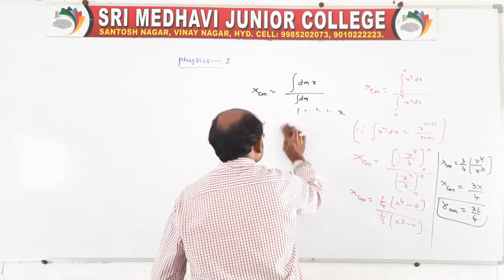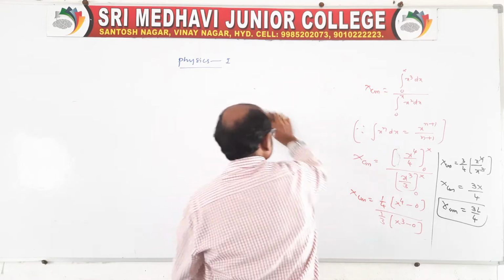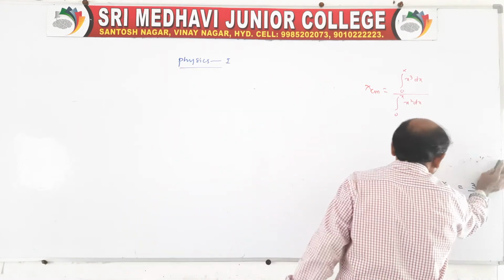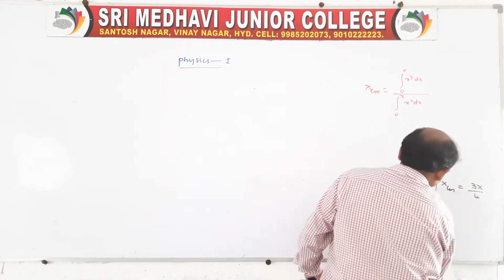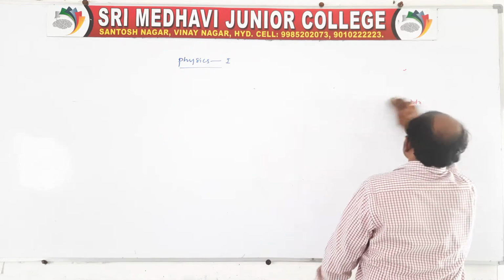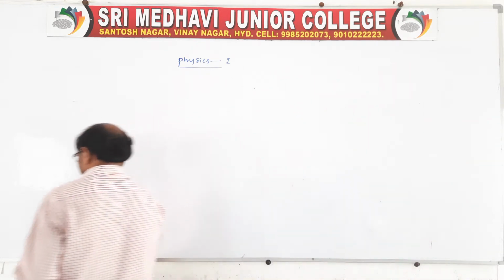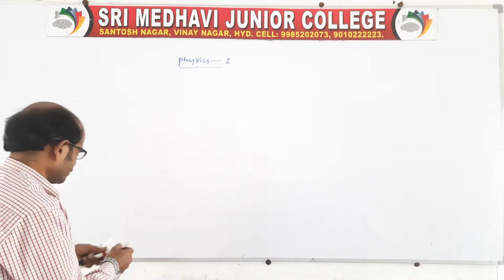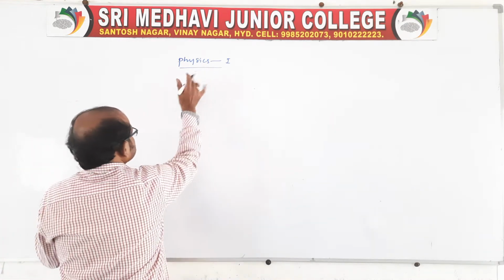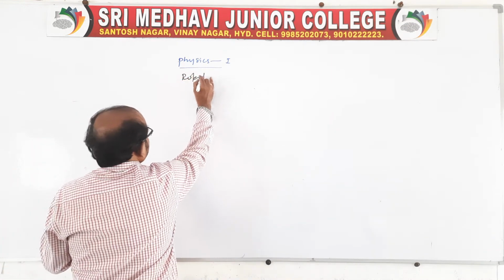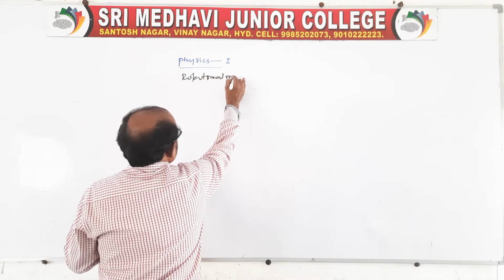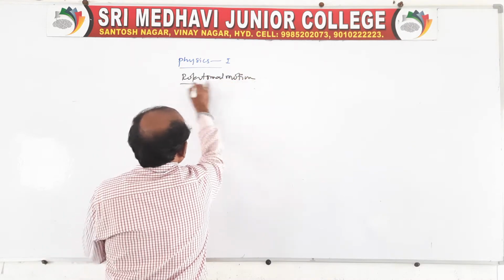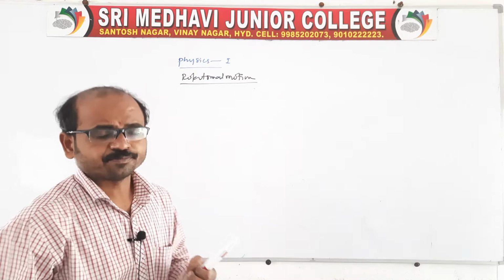In this rotational motion, let me once recall all the definitions which we already know. In circular motion I told you the definitions related to circular motion, because rotational motion is a new topic, the second part. Rotational motion is partly related to circular motion.